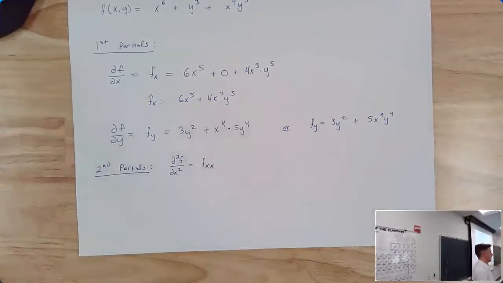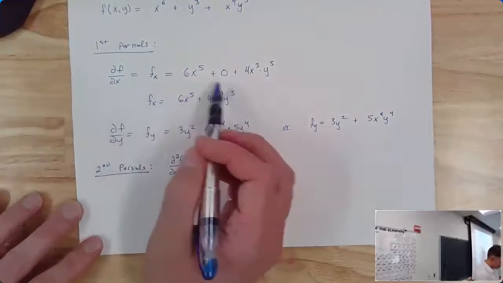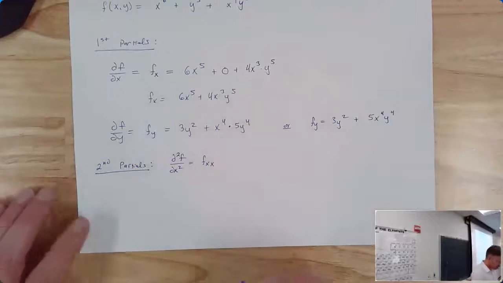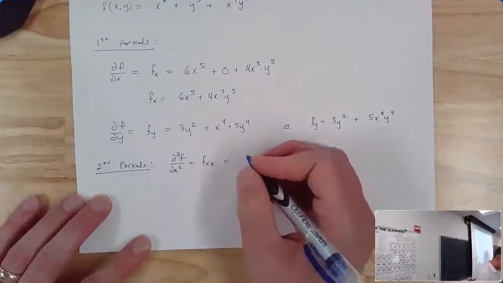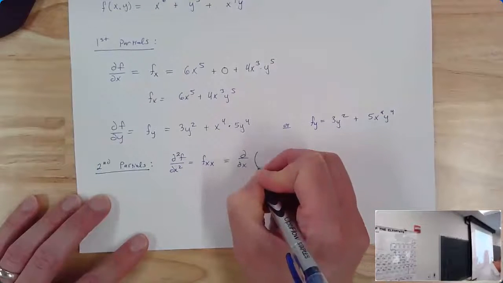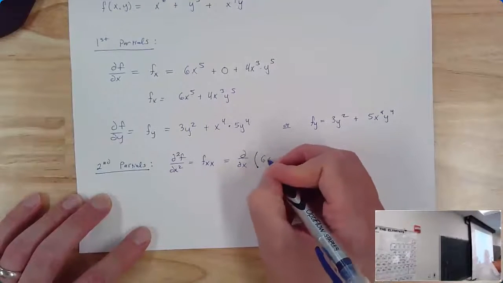It's the partial with respect to x twice. So what we're going to do to find the second partial with respect to x is take the first partial derivative with respect to x, and just take the derivative of that with respect to x again. So if you really wanted to be notationally correct about it, you could say it's going to be the partial derivative with respect to x of the partial derivative with respect to x.